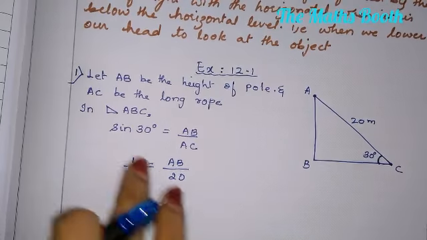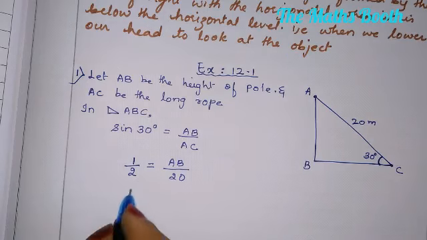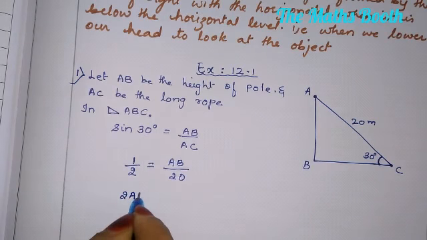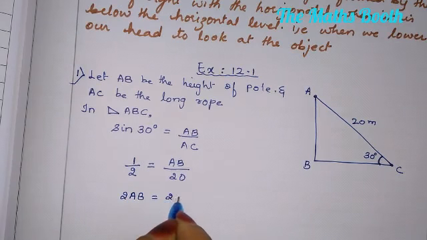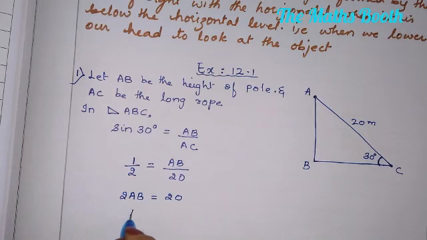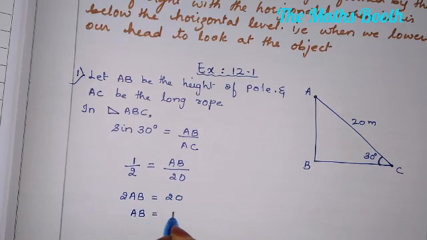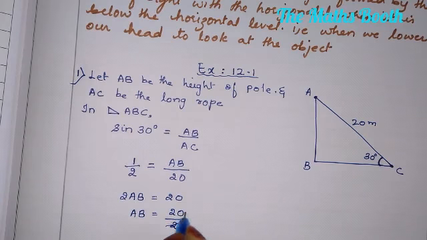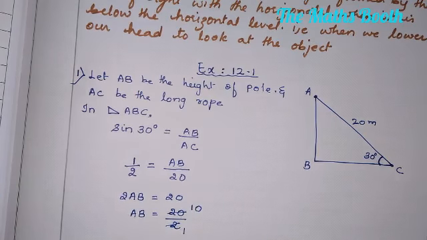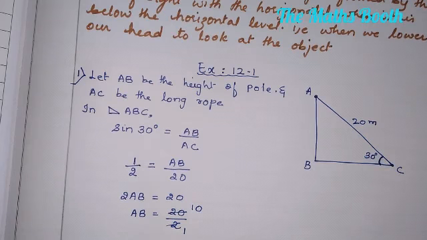Let us cross multiply now. 2 into AB, 2AB is equal to 20 ones are 20. So AB is equal to 20 by 2. 2 tens are 20. So AB is equal to 10 meter.